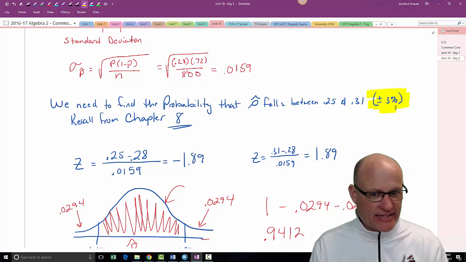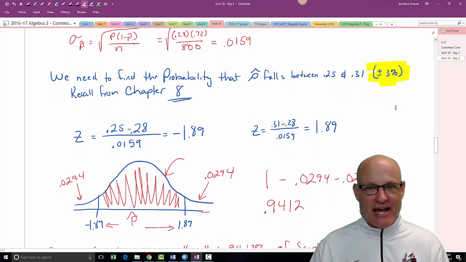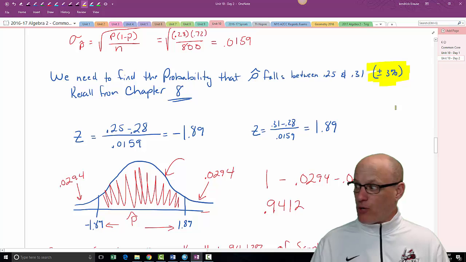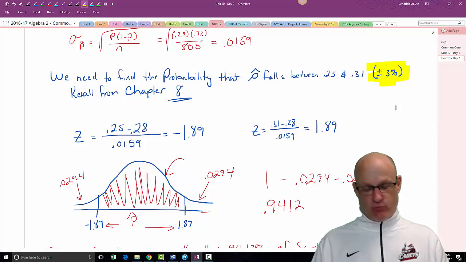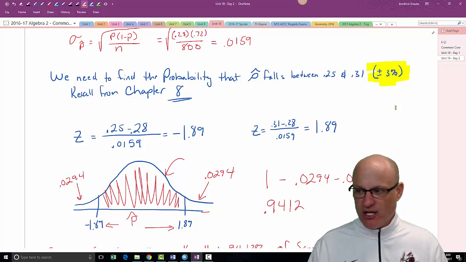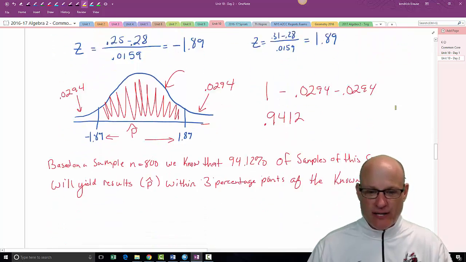That was just dumb luck. That doesn't happen very often. We did all that math to come up with 94%. Don't think that if I said 8%, you could go up 8%, down 8%, that's 16%, so we're going to have an 84% chance. No. That was just dumb luck, okay?